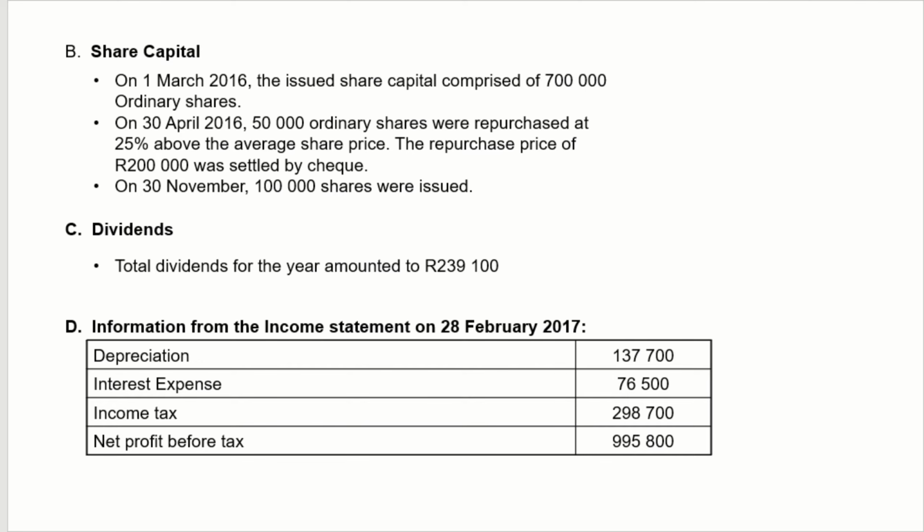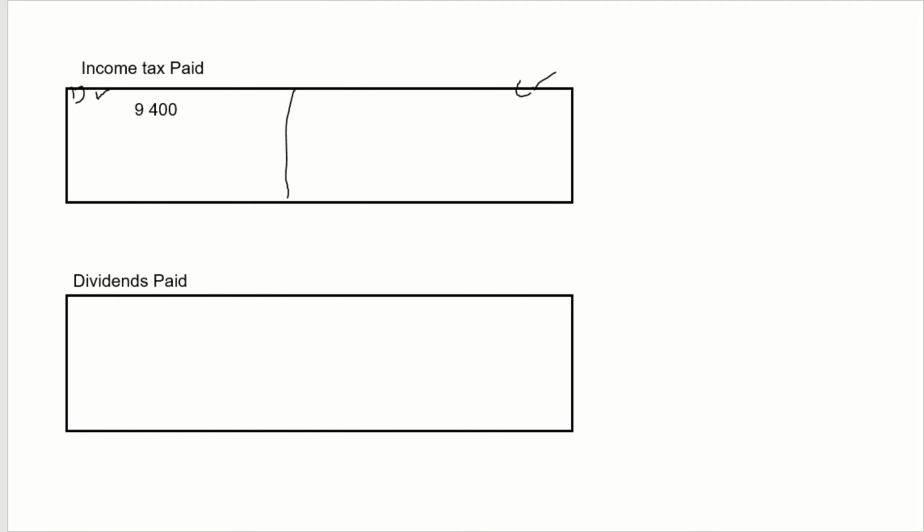You're going to paste it on the credit side of your T account, always. So you come on the credit side to say 298,700 rands, like that. It's on the credit side always. It never changes for anything. It's always on the credit side.